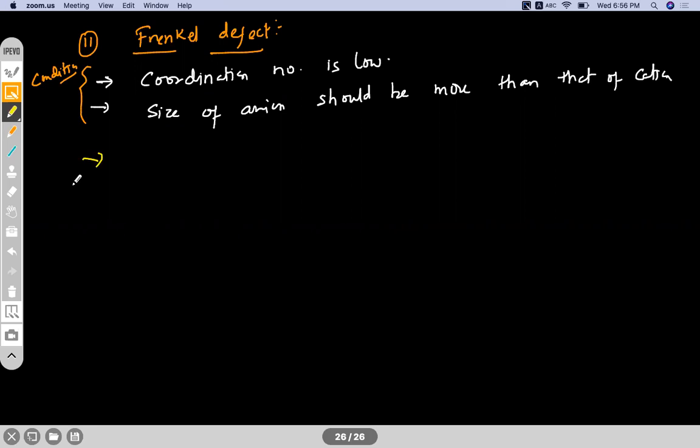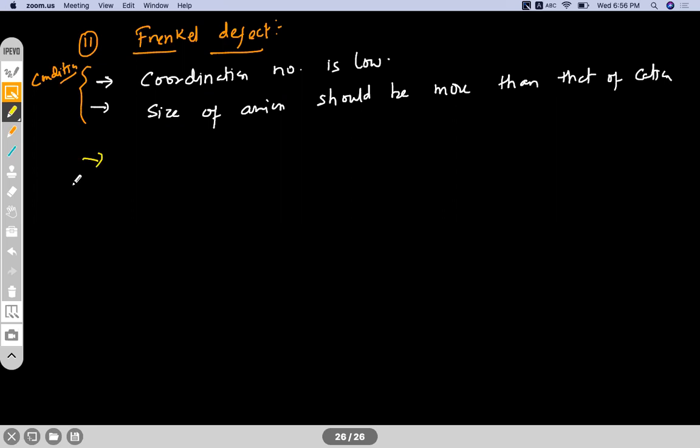See, the ions do not leave the crystal. They are present in the crystal only, but not at their original position. Okay, if you have NCERT, you can open it and see the diagram, or after the class you can see. So ions are present in the crystal, but not at their original site.